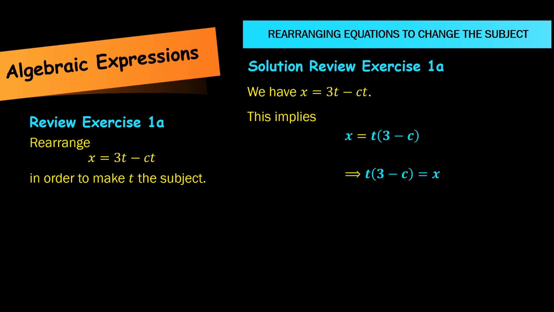In order to make t the subject, we're going to place t on the left-hand side, so we simply interchange the left and right-hand sides as shown. And then dividing through by 3 minus c gives us t equals x over (3 minus c).